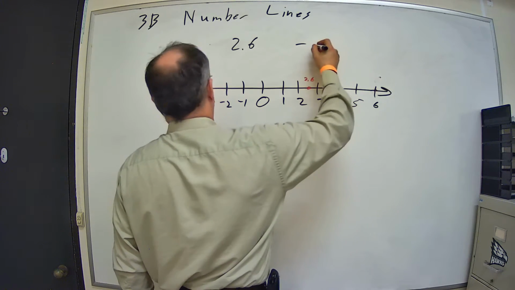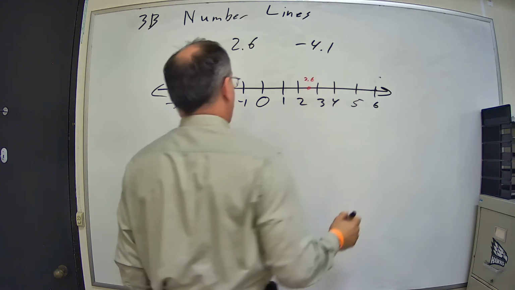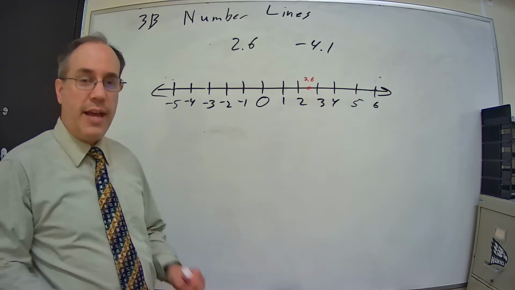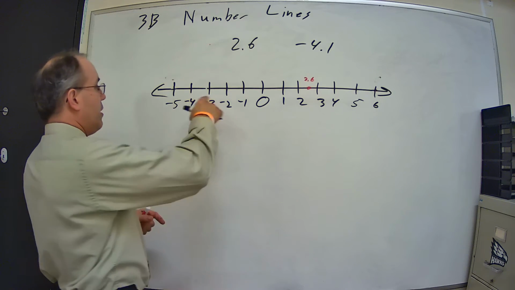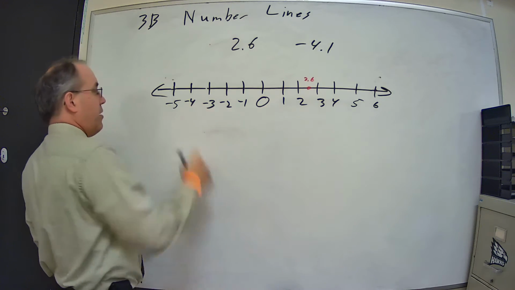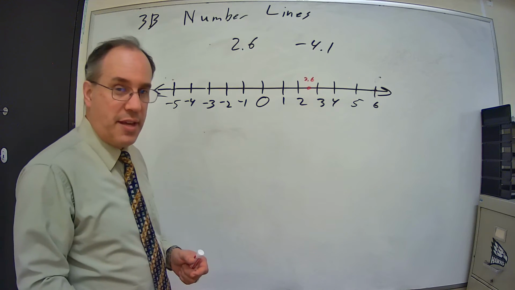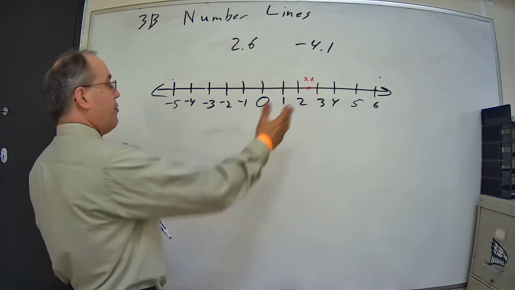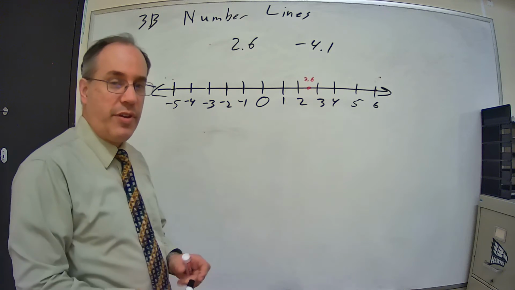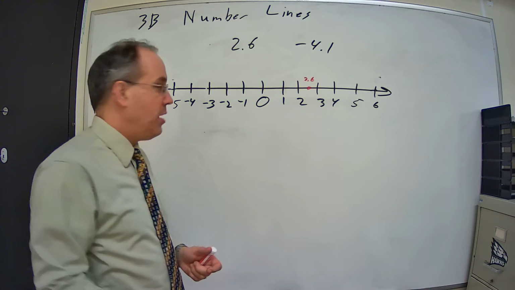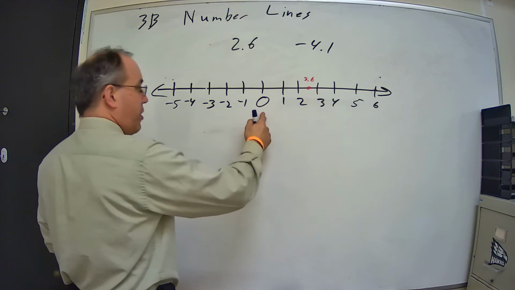Negative 4.1. So I have negative 4.1. So people come over here, and here's where the mistake tends to happen. If you're counting on the negative side of a number line, you're counting from 0.